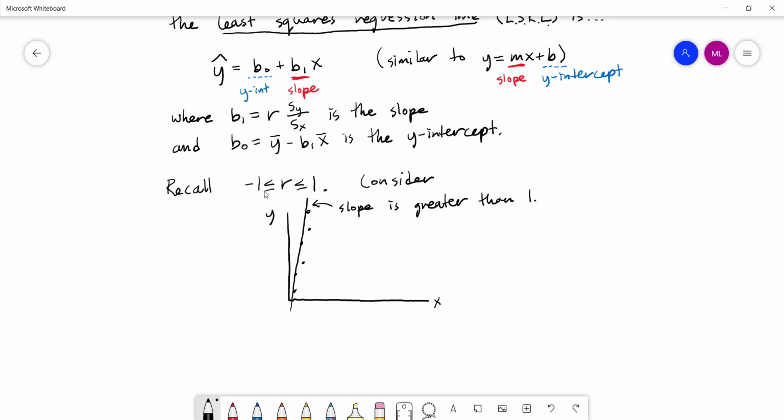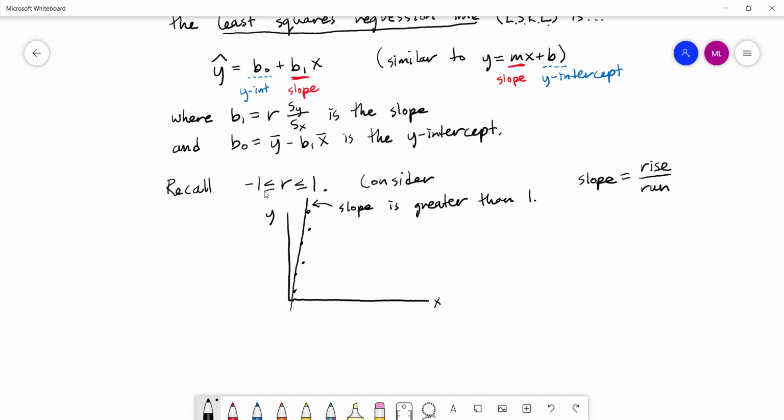So hopefully you'll remember from an algebra class, how do we determine slope in words? Slope is often thought of as rise over run. You may recall that little phrase from an algebra class, rise over run.